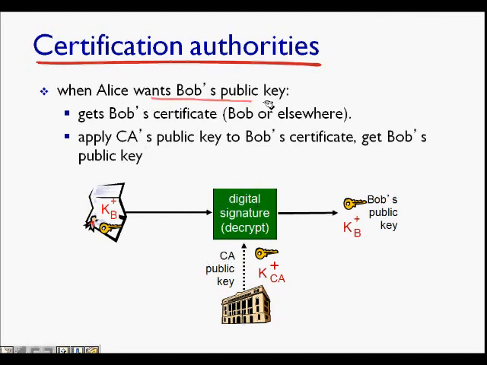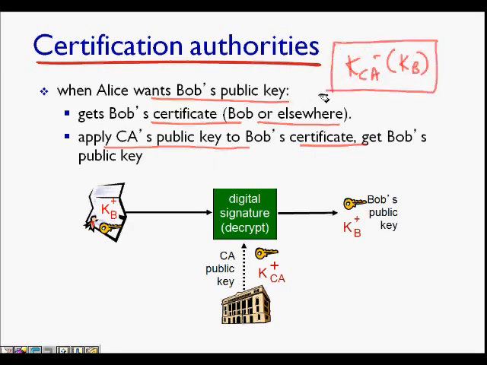So when Alice wants Bob's public key, she gets Bob's certificate from Bob or elsewhere. The certificate is basically KCA minus applied to KB, the public key of Bob.